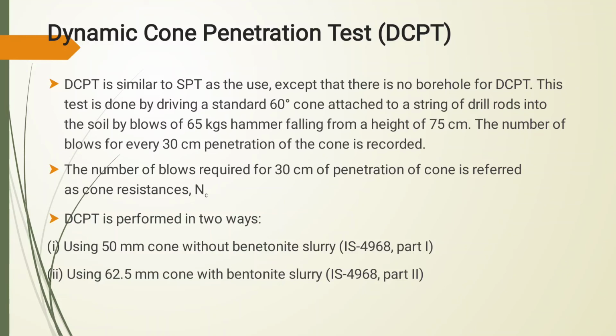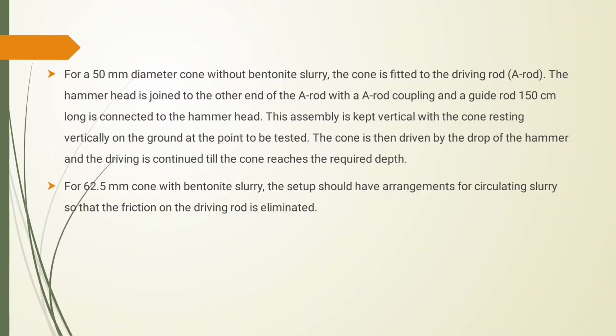DCPT is performed in two ways: using a 50 mm cone without bentonite slurry, or using a 62.5 mm cone with bentonite slurry. Using the 50 mm diameter cone, the cone is fitted to a driving rod, that is an A rod.